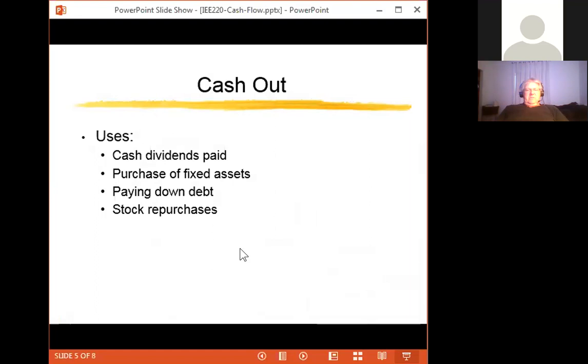Of course, we definitely have ways that cash leaves us. And again, on the cash flow statement, by and large, we're talking outside of day-to-day operations. The net income on the income statement shows you all of your day-to-day transactions, but in the cash flow statement, we're only seeing that bottom line.